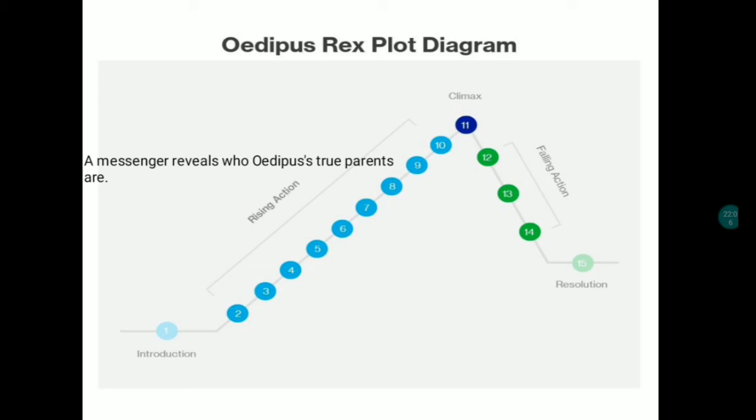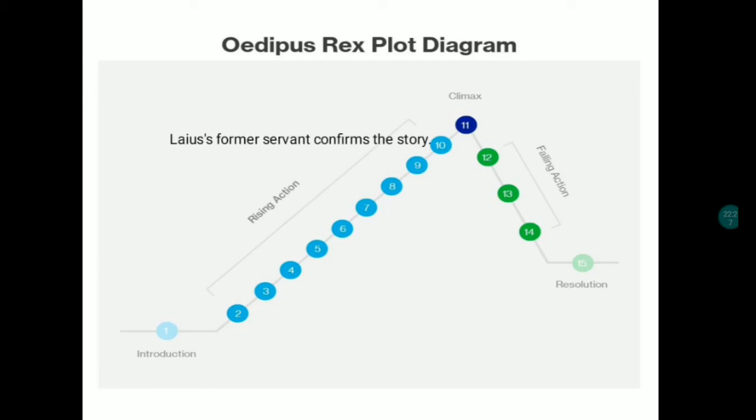But the messenger revealed that Oedipus's father is not actually Polybus. His father is somebody else. Actually, he found that boy in a safe place. So the story is revealed, and after that, Laius's former servant confirms the story.